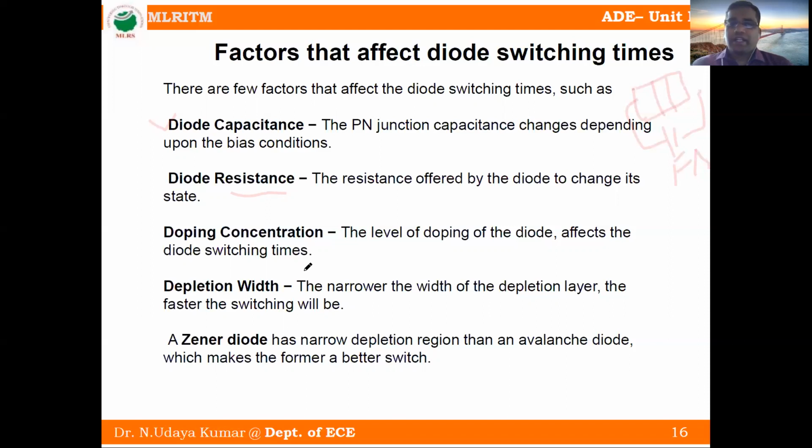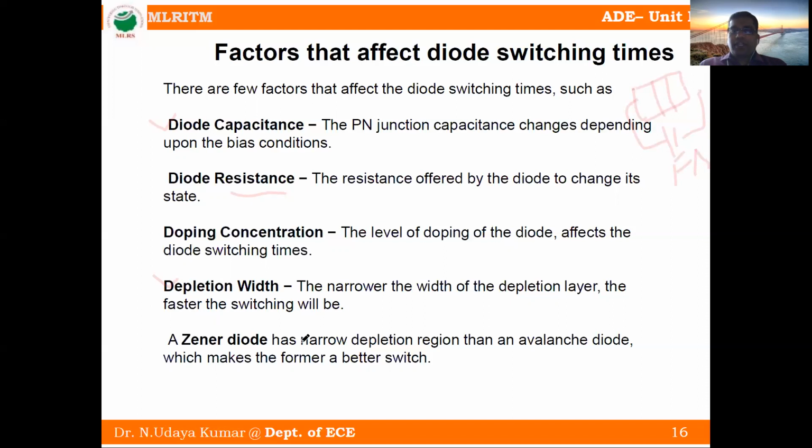Next one is depletion width. The narrower the depletion layer width, the faster the switching will be. If depletion width is very thin, like a tunnel diode, switching speed is very high. So diode switching time may vary depending on depletion width also.